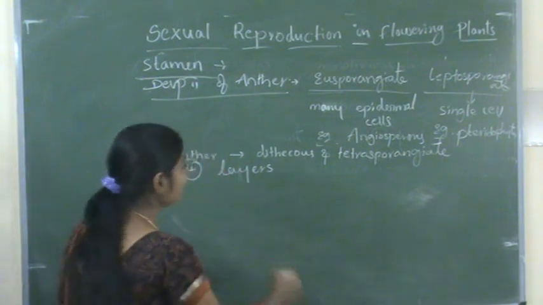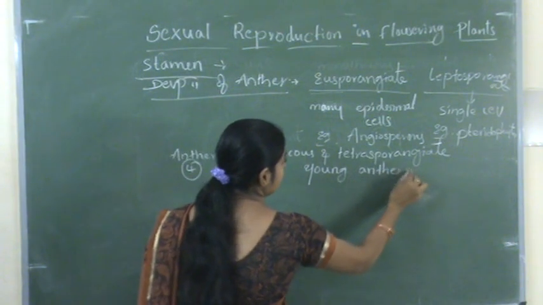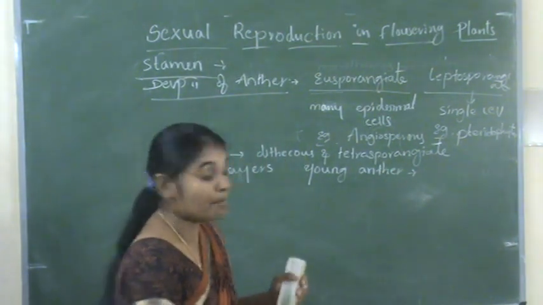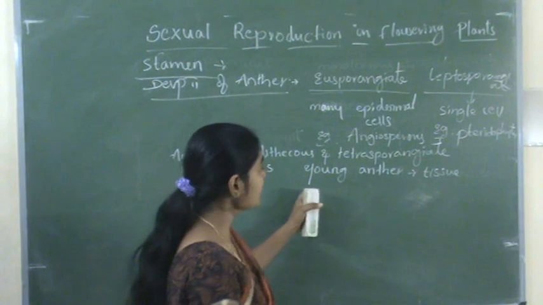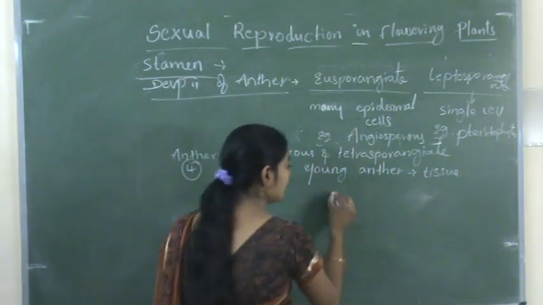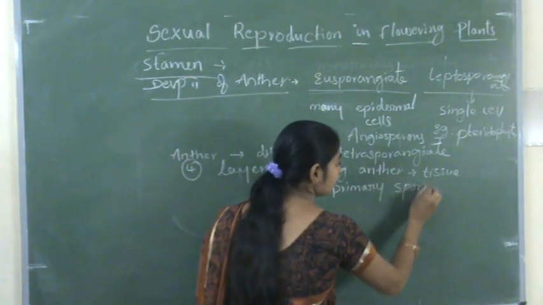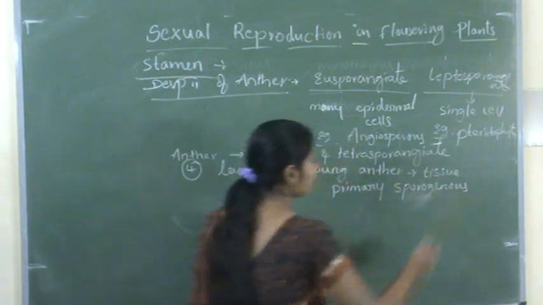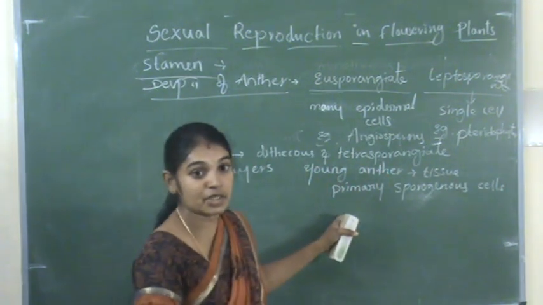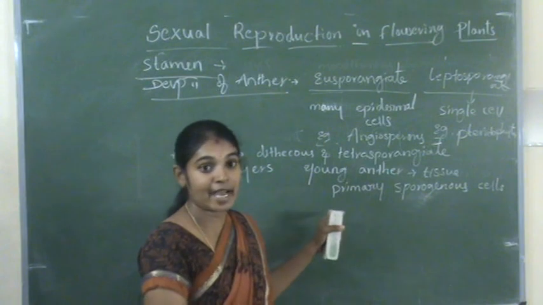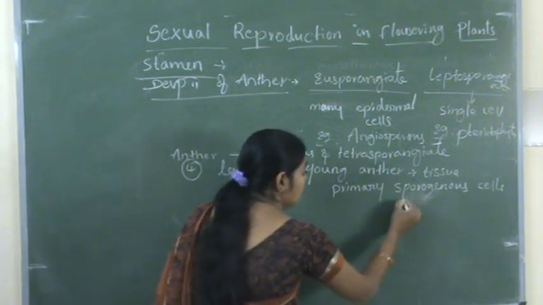In the young anther, there is a mass of meristematic tissue, which is called primary sporogenous cells. This meristematic tissue present inside the anther is called primary sporogenous cells.